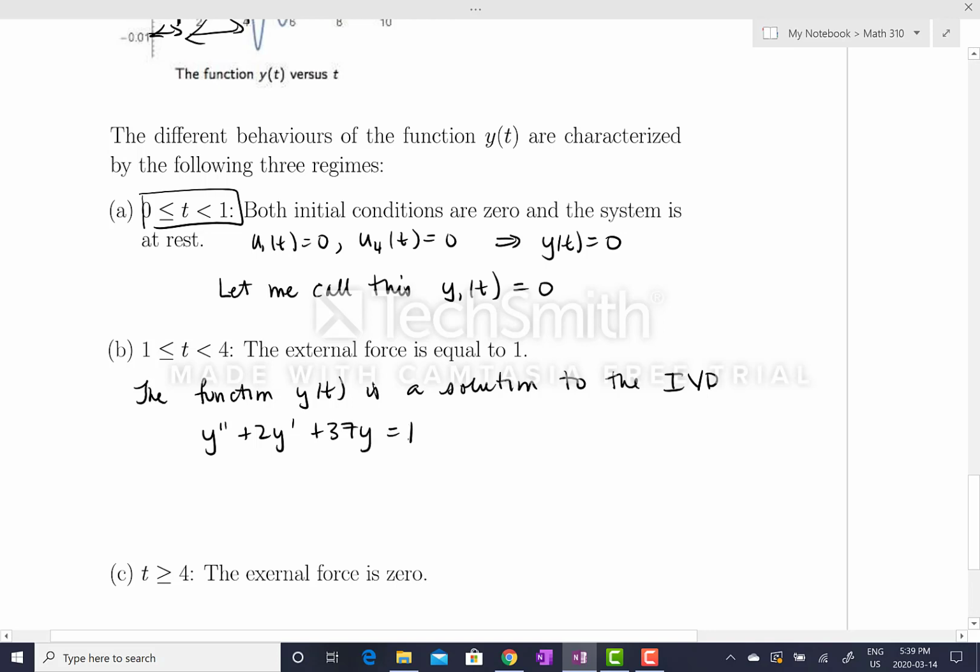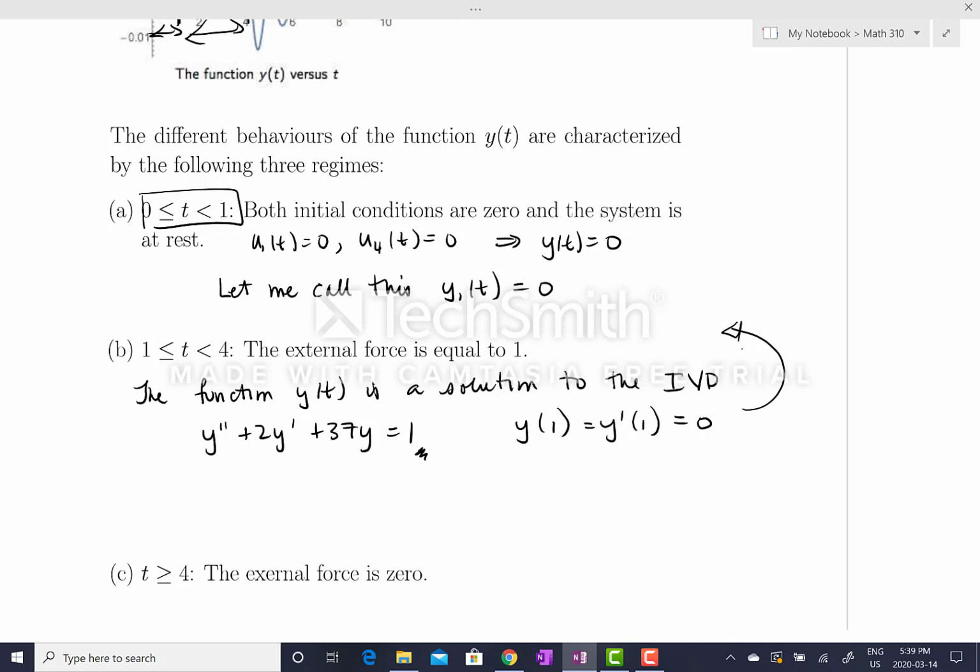The forcing function is 1, and the initial conditions are y of 1 equals y prime of 1 equals 0, because we know the solution is 0 until we get to t equals 1.